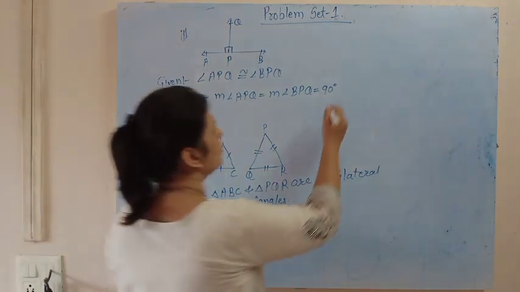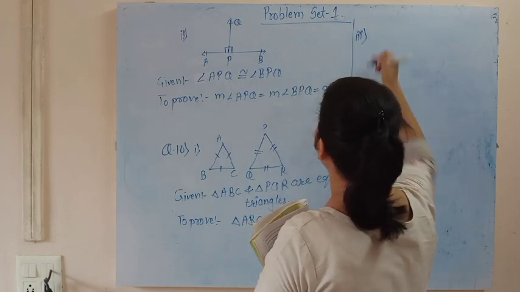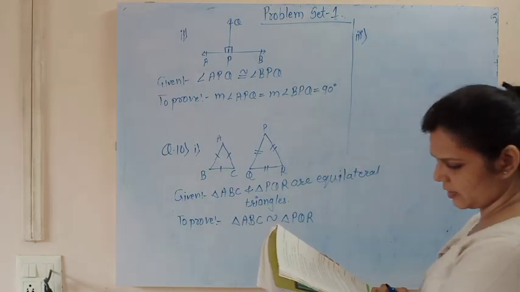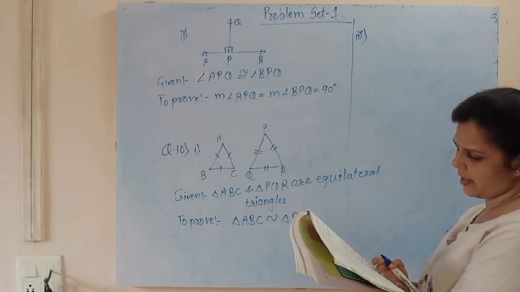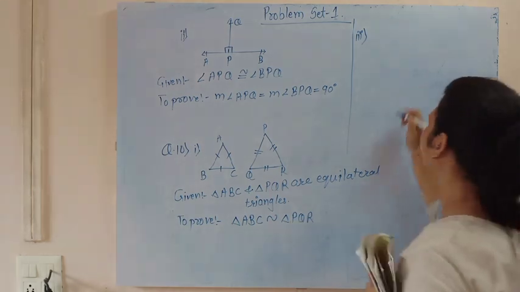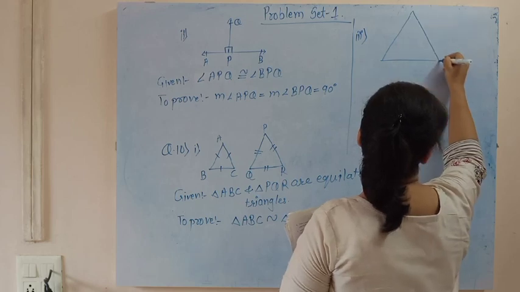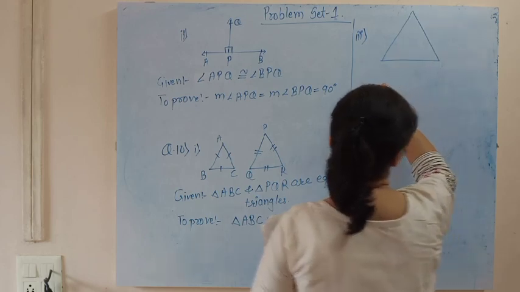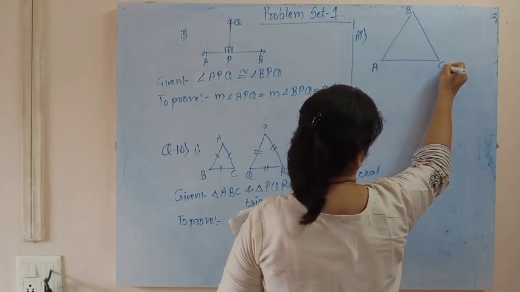Yes. Now third question. Question number 3 from 10. If the altitudes drawn on two sides of a triangle are congruent, then those two sides are congruent. Now you have to draw the figure. Altitudes. See altitude, this is our triangle ABC.